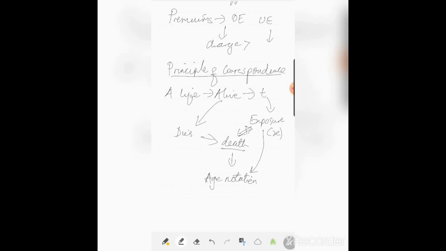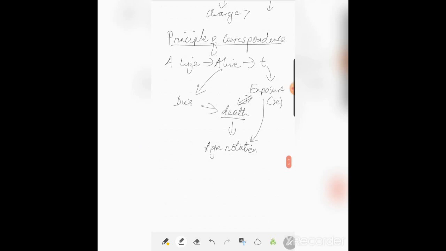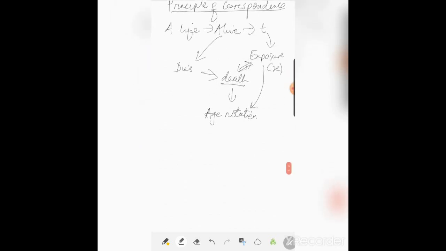Both of them should follow the same kind of notation. That is what comes out of the simple principle of correspondence, and that is majorly applied only to central exposed to risk. So this principle comes into the picture only with the central exposed to risk.